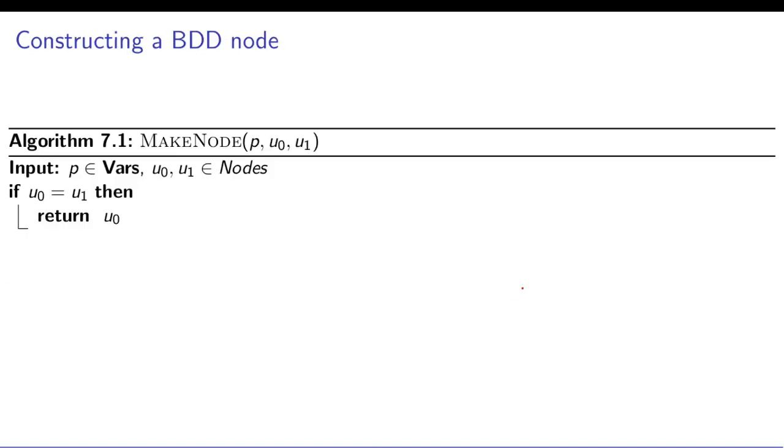So let's see how we start building BDD. BDD is built by adding one node after another in your node store. There is a function we call make, or make node, and it will construct a ROBDD node with variable p, low child u0 and high child u1.